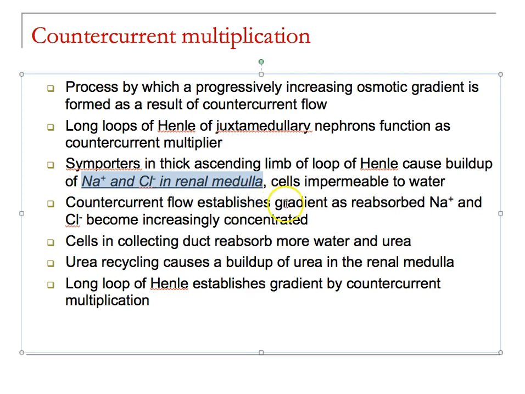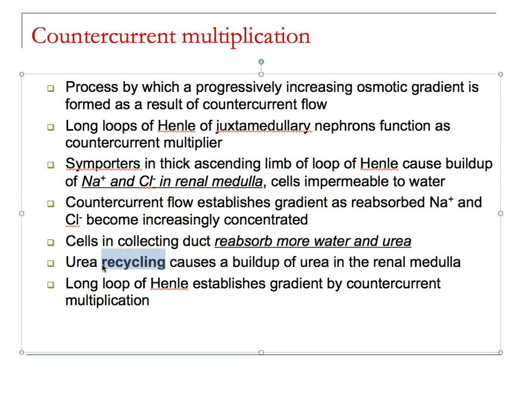That establishes the reabsorption of sodium and chloride as it becomes more and more concentrated, as well as cells in the collecting duct reabsorb both water and urea. Urea is the product of deamination for amino acids in metabolism. Urea recycling causes a buildup. Urea recycling. Okay, and that's going to create that countercurrent multiplication. You'll see a picture of it here.